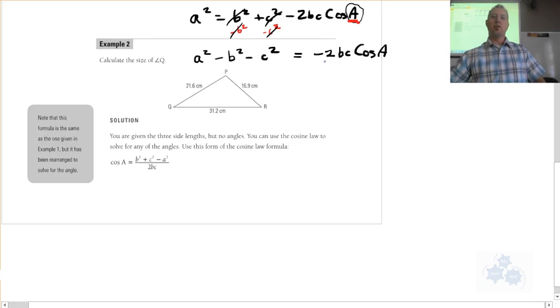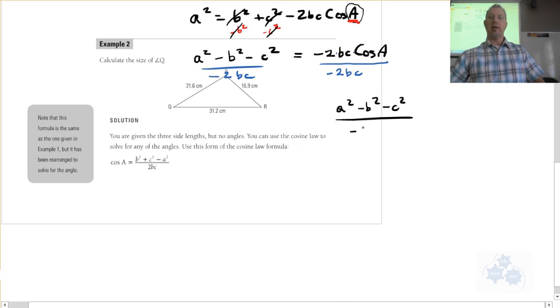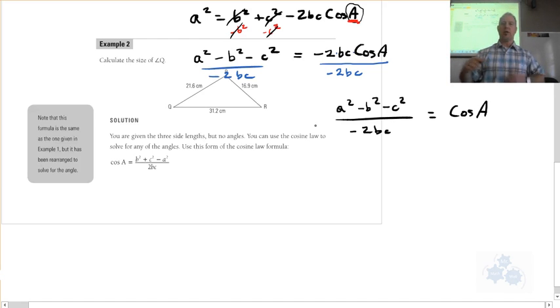Now we need to divide both sides by negative 2bc, because those are multiplied. Now we have a squared minus b squared minus c squared over negative 2bc equals cos A. All right, so we're very, very close.